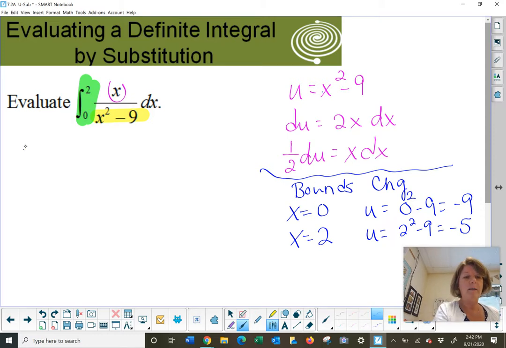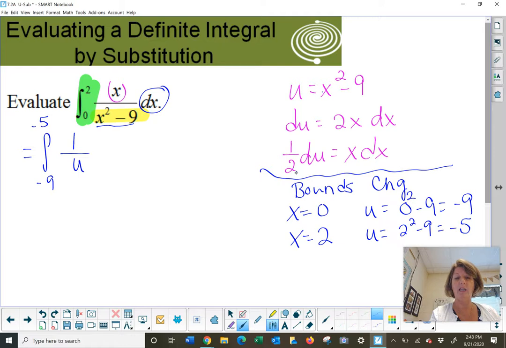Let's go set up our integral. New bounds. 0 is replaced with negative 9. 2 is replaced with negative 5. And I'm fine because I got my smallest number on the bottom, leading to my larger number up on top. So I don't have to do a flip over. Sometimes it can happen that you do end up flipping. 1 over u, because this is my u.